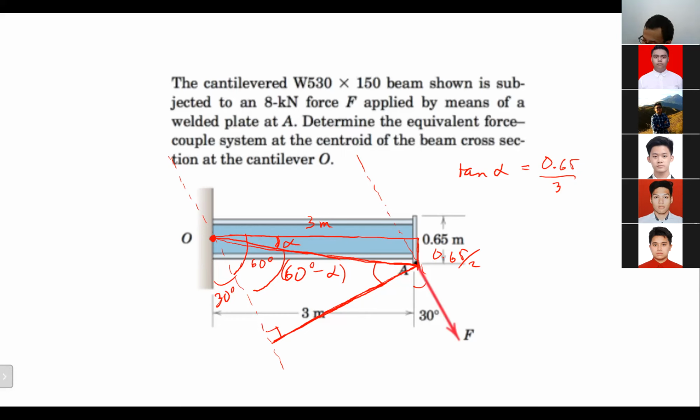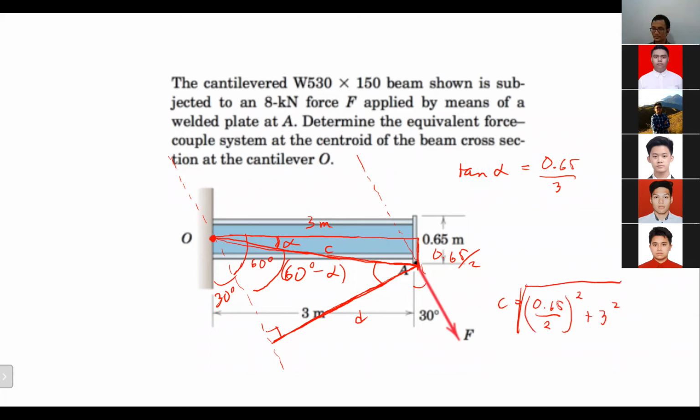So we can find the perpendicular distance d here. I assume the name of this length is C. So C will be the square root of (0.65 divided by 2) squared plus 3 squared.